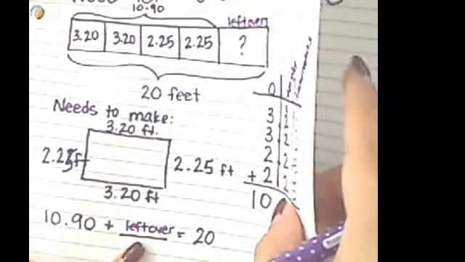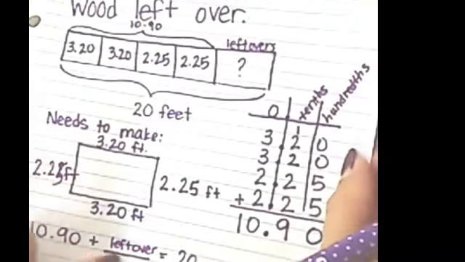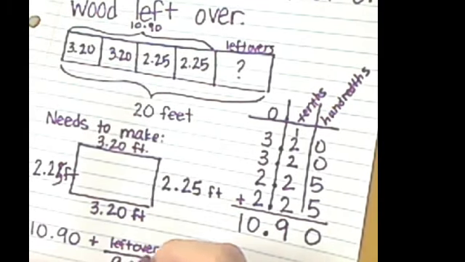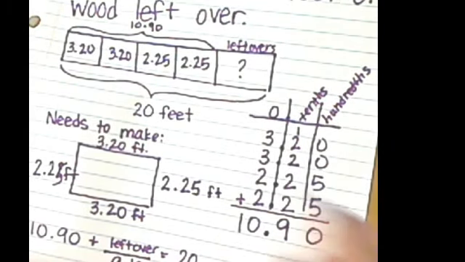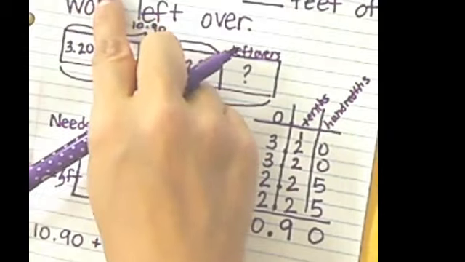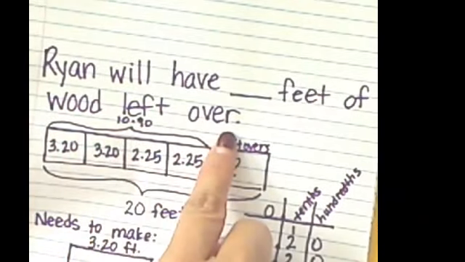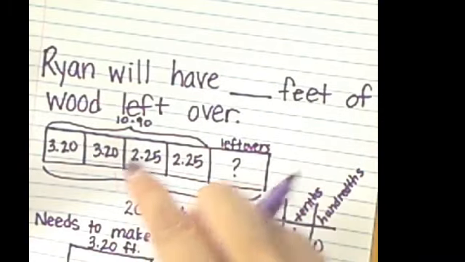And well, we just figured that out because we were able to fill in this blank, 9 and 1/10. So the leftover is 9 and 1/10. And then we look back here. Ryan will have blank feet of wood left over. How much? 9 and 1/10.